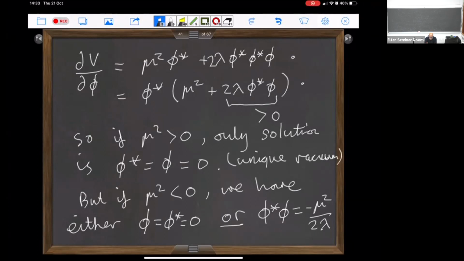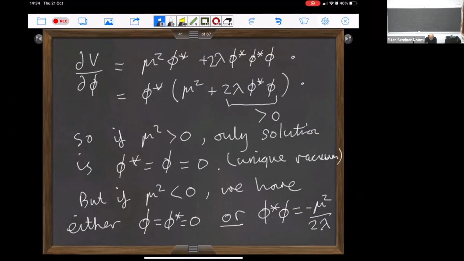So it factorizes into phi star times mu squared plus twice lambda times phi star phi. Now phi star phi is positive and lambda is also positive. Therefore, if mu squared is positive, the only solution is phi equals phi star equals 0. And it's a unique vacuum, and it's a unique minimum.